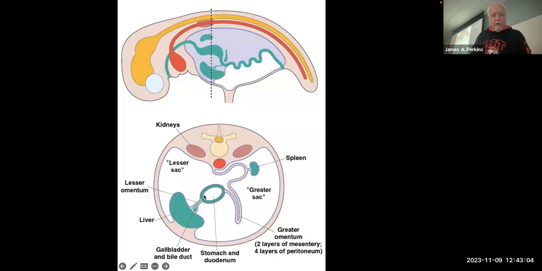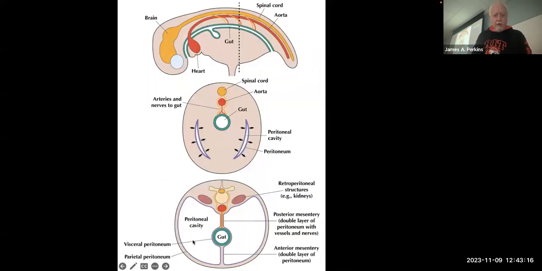And as the liver is migrating to the right, what happens is that what used to be the right half of the peritoneal cavity, or the right peritoneal cavity, let me go back to this picture. You see that earlier in development, you had left and right peritoneal cavities that were basically identical. They were mirror images of one another.